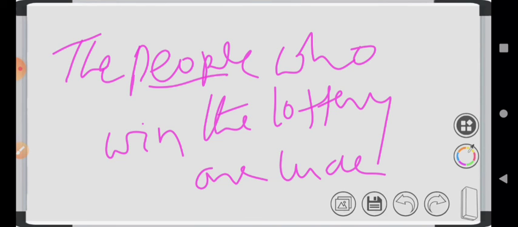Here, with the people, we are using are. It is a plural noun, so we should use are. The person is a singular noun; in the previous sentence we used is. Here the subject is plural, so we use win in the simple present tense, the V1 verb, not the s form. For the singular person, who wins takes the s form.